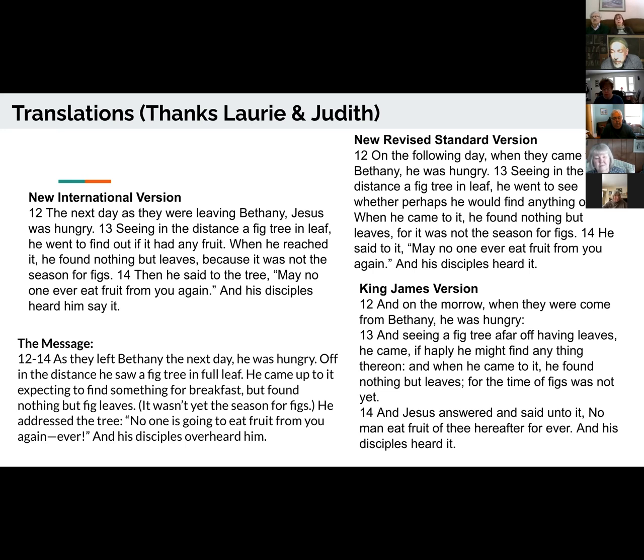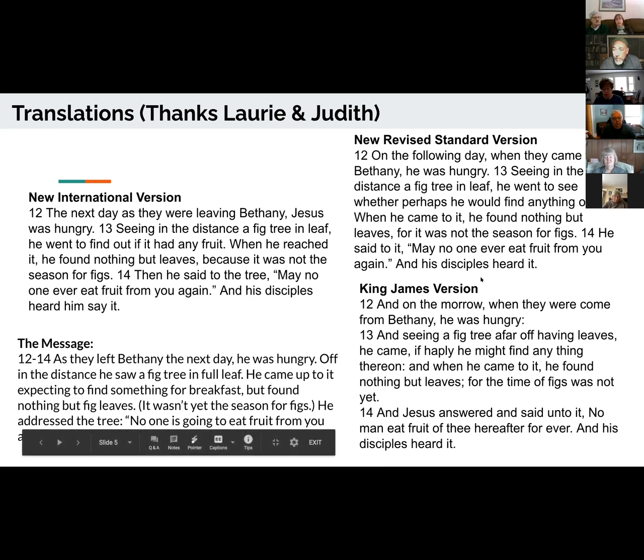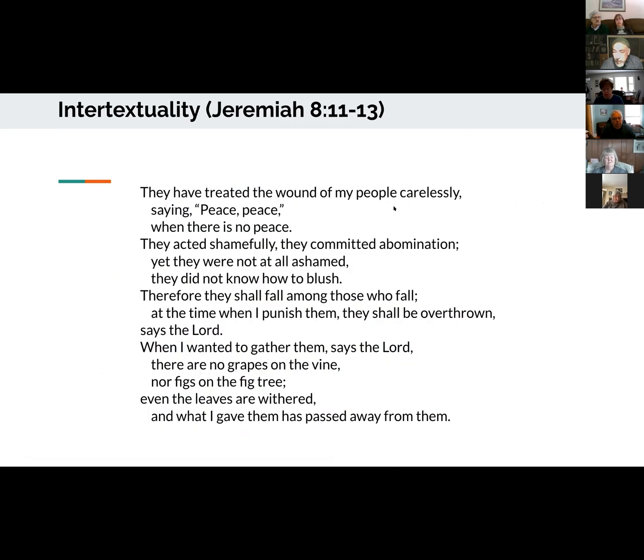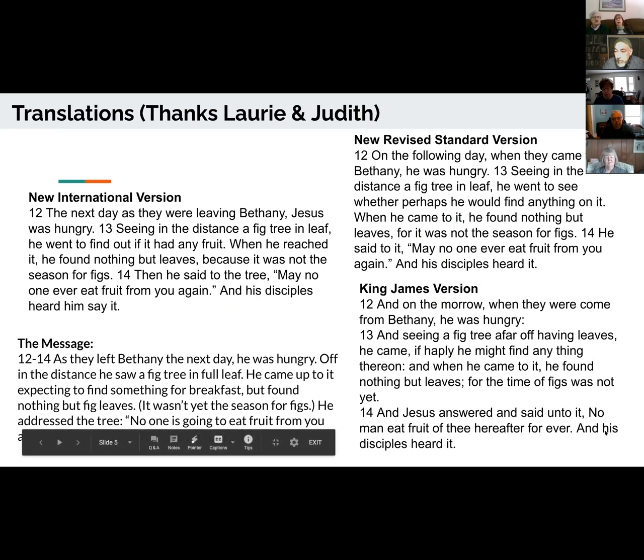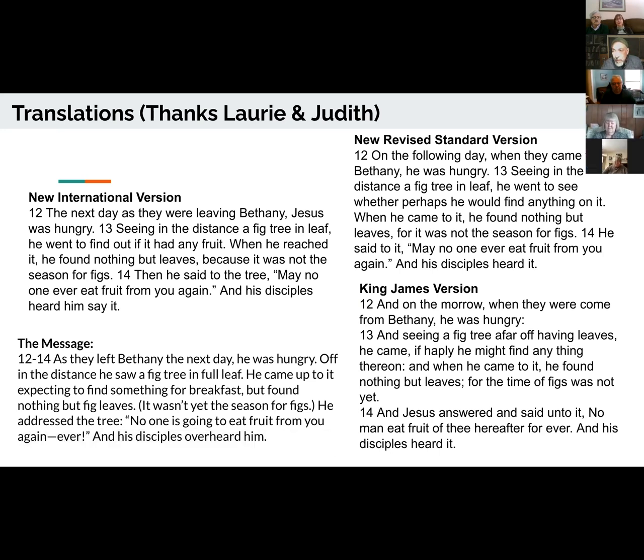I guess the only observation I had is that some say he won't ever eat fruit again. That was his curse, and others were forever and ever, a little bit stronger words, the hereafter, forever. But other than that, I thought they were pretty similar.